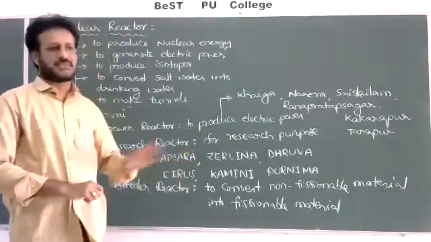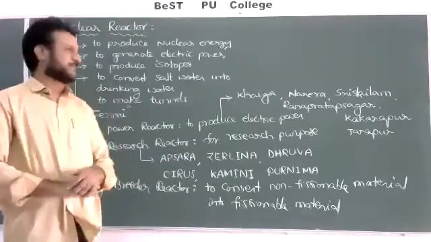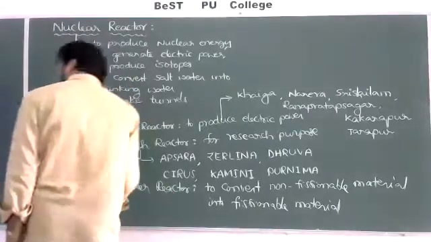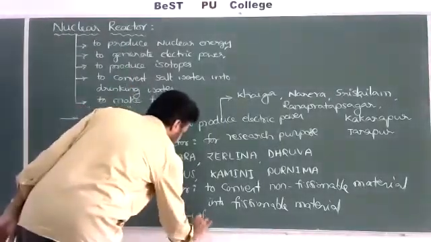Fertile means non-fissionable, fissile means fissionable. It is a fast reactor.